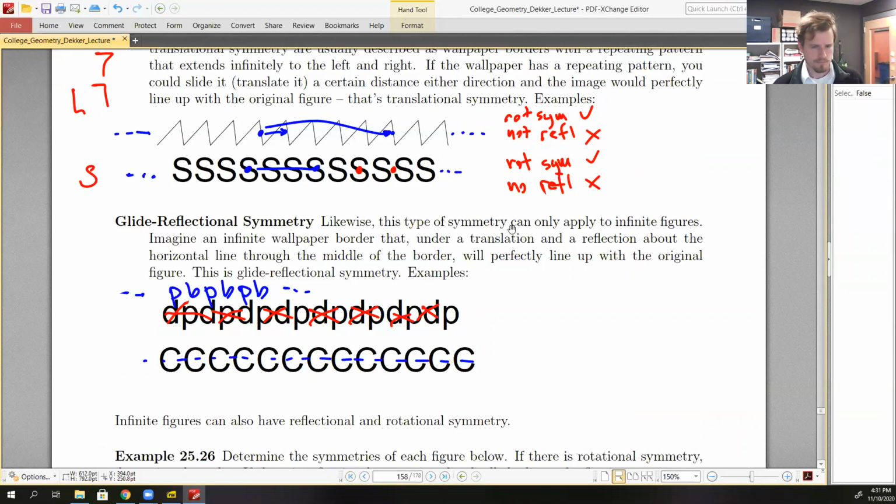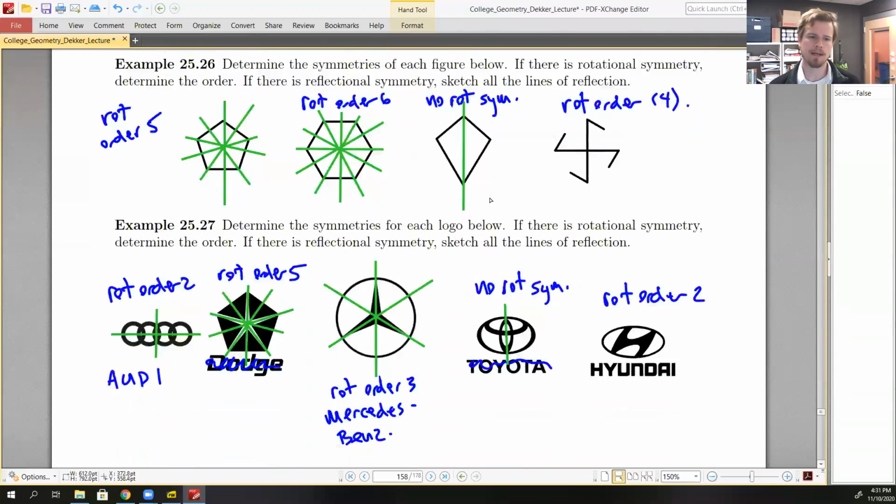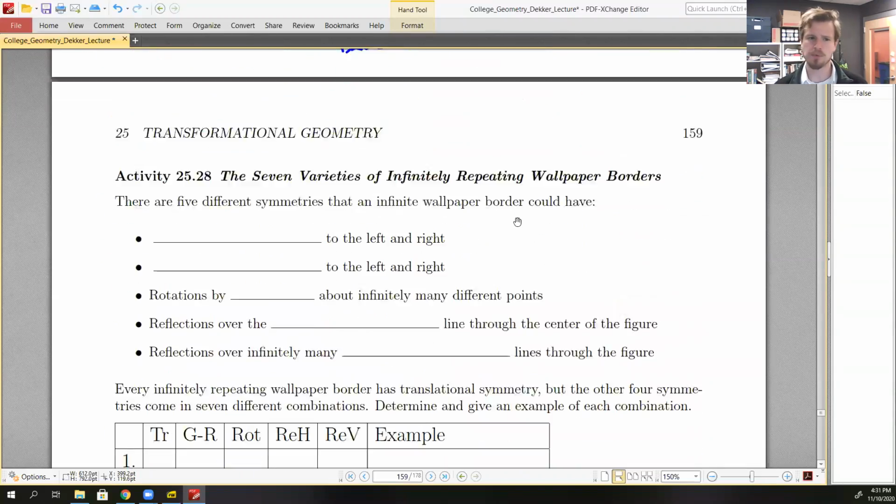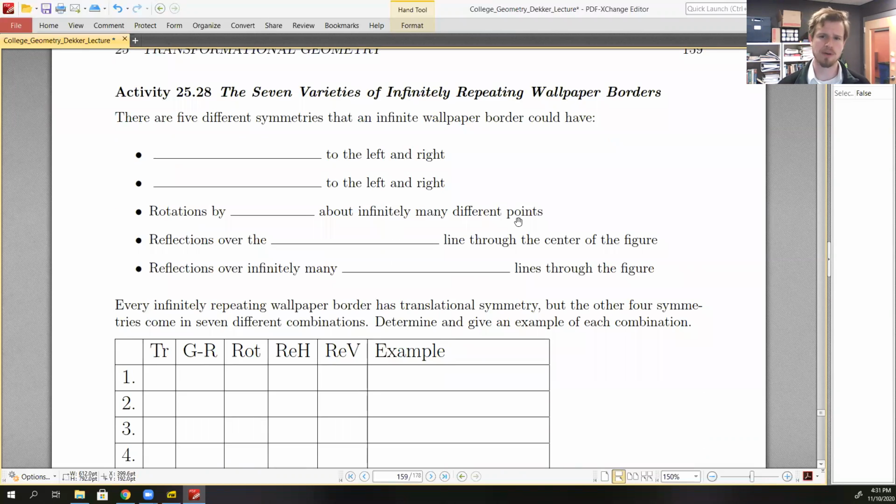All right. So we would like to investigate those a little bit more, but what we're going to do is have you complete it through an activity. So there are 5 different symmetries that an infinite wallpaper border could have.